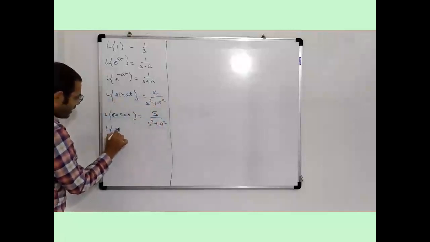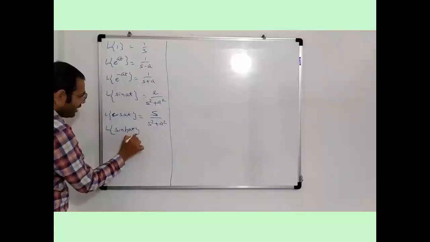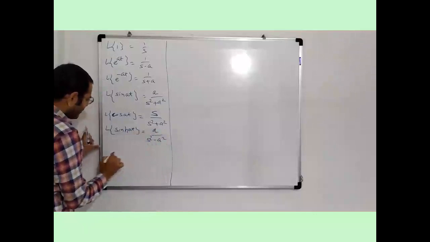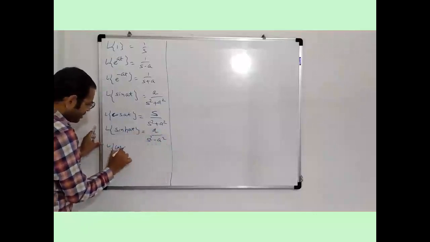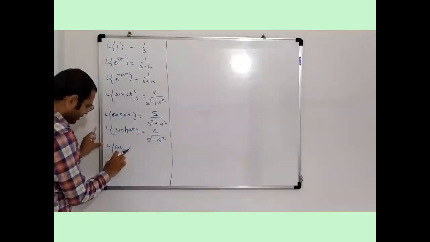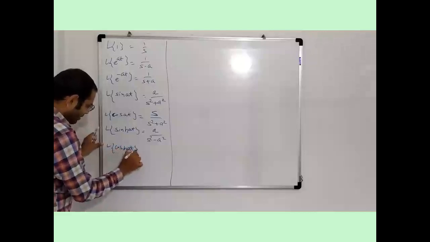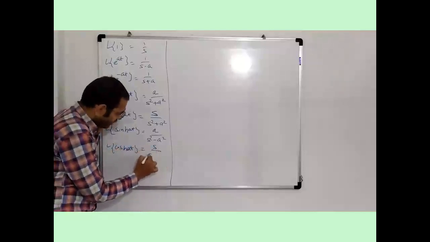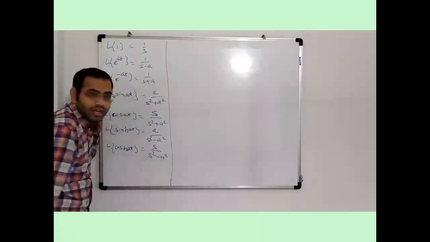Similarly, sin hyperbolic at is a upon s square minus a square, and cos hyperbolic at has the formula s upon s square minus a square.